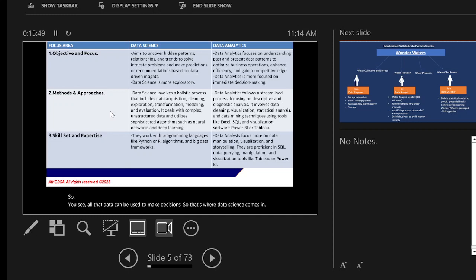When we go now to data analytics, it follows a streamlined process focusing on descriptive and diagnostic analysis. It involves data cleaning, visualization, and statistical analysis and data mining techniques. And in terms of tools that are mostly used for data analytics, one is Microsoft Excel.